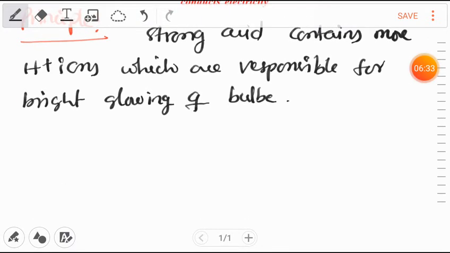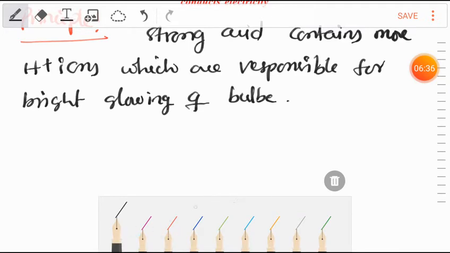So this is the principle, and we'll see the procedure now.